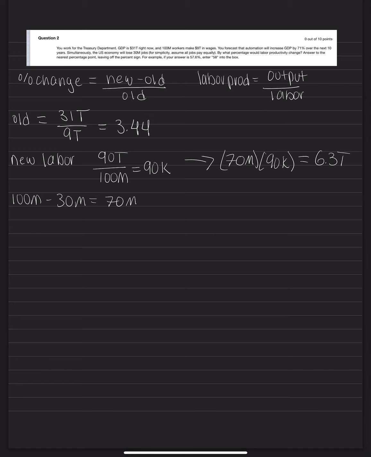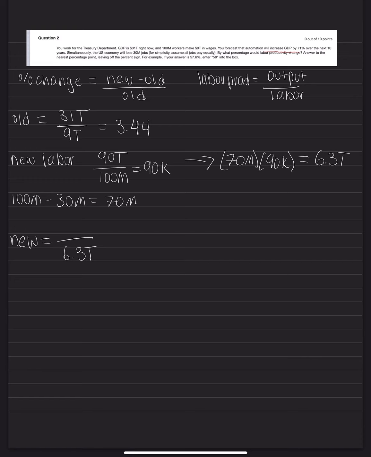And so now we can go ahead and find the new labor productivity equation, because we have the denominator, but we still don't have the numerator. And it says that GDP will increase by 71%, if you can see here. So what we're going to have to do is find out what a 71% increase of 31 trillion is.